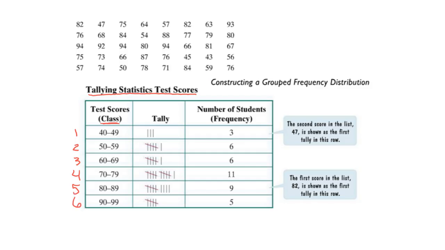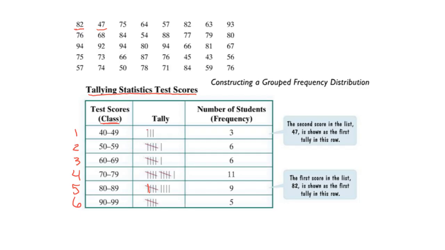Now to create the tally marks, what we do is we look at each data value. So the first one is 82. And I go to the class where 82 falls within that interval, which is class number 5. And I put a little tally mark representing 82. We'll go grab the next data value, 47. 47 falls within class number 1.